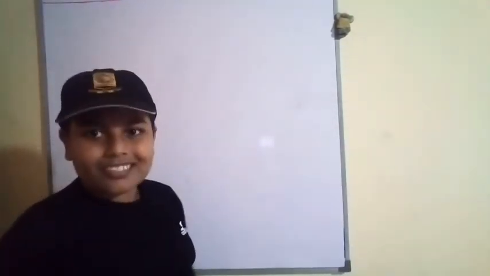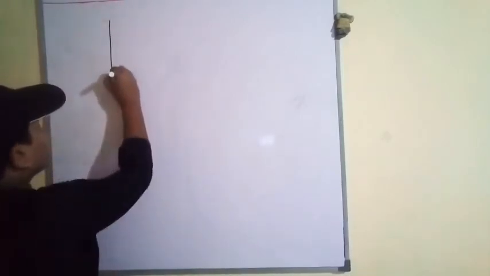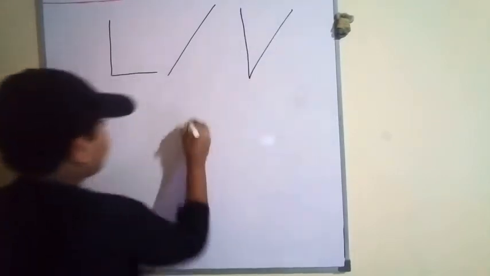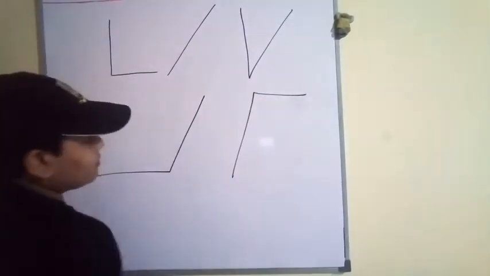Types of angles. Last time I also explained there are 5 types of angles: right, acute, obtuse, straight and reflex angle. Let's discuss that. Now, you have angles like this, this, this, this.